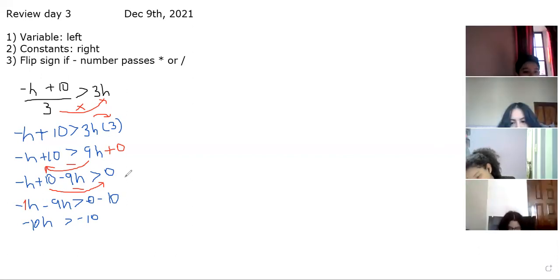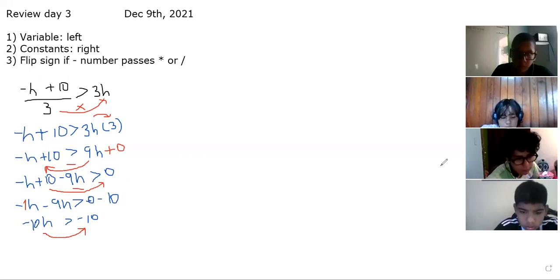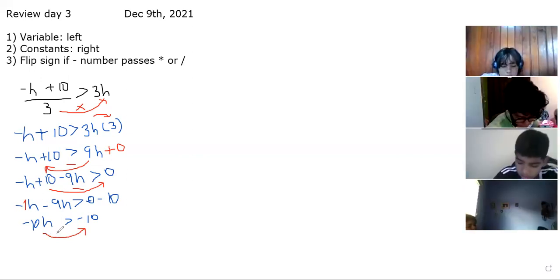Okay, so now we just need to leave the variable completely alone. So this negative 10 goes to the other side. How? Dividing. Because it's negative. Exactly, and I'm passing just the 10. So because it is negative, according to the third rule, we flip the sign. So it's no longer greater, it is less than.